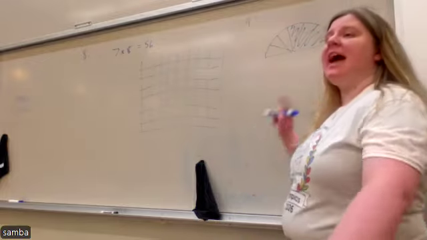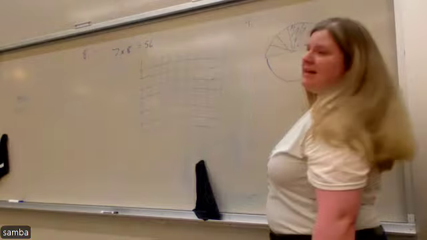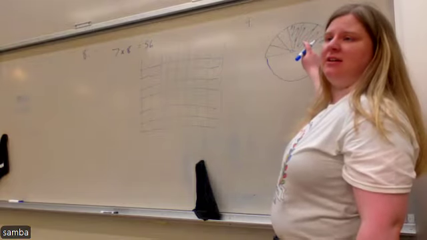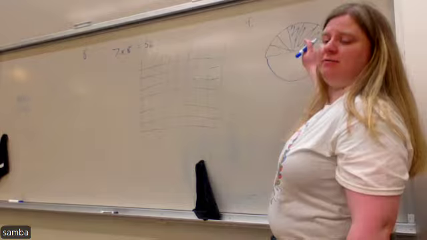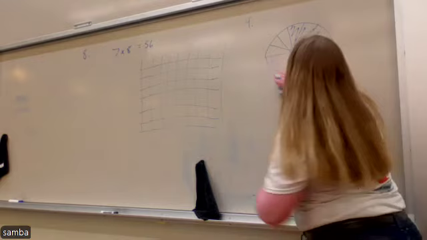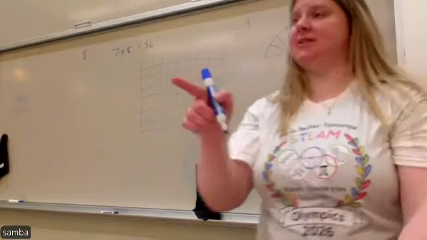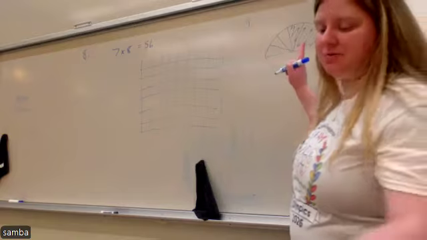And then the question is, how much of the whole circle is this? One out of 4, right? So it's a semicircle split into 6 pieces, and you take 3 of those pieces.